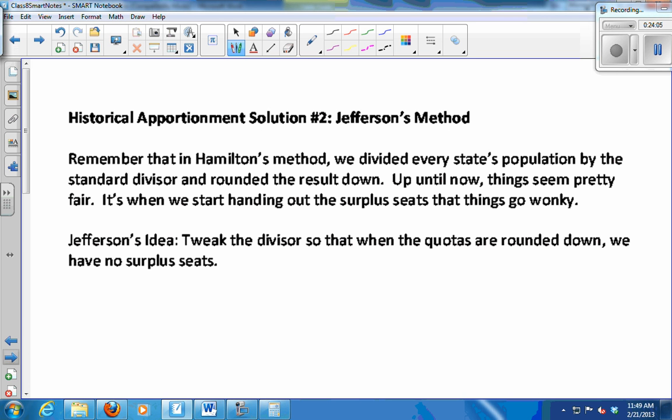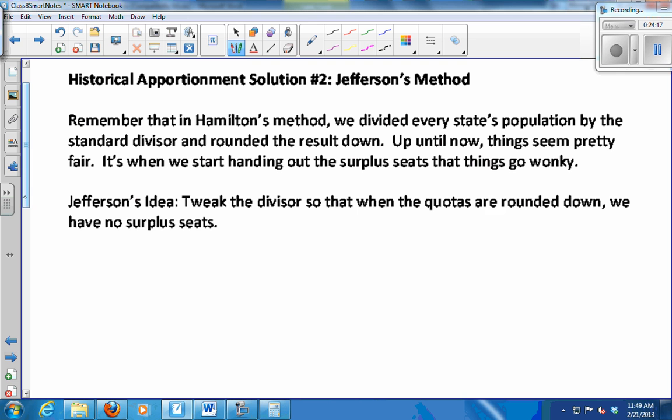So given these grievous drawbacks to Hamilton's method, we have a second historical solution proposed by Thomas Jefferson. Remember that in Hamilton's method, you divide every state's population by the standard divisor and round the result down. Up until now, everything seems fair.